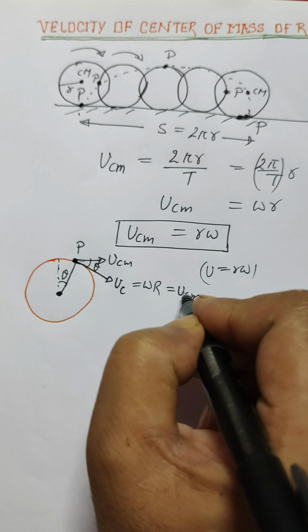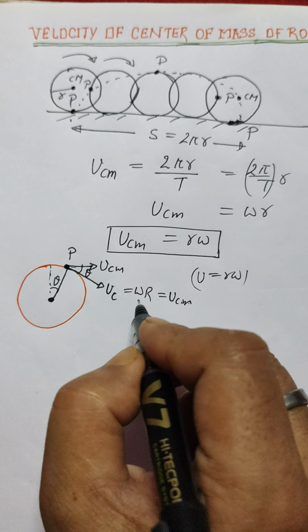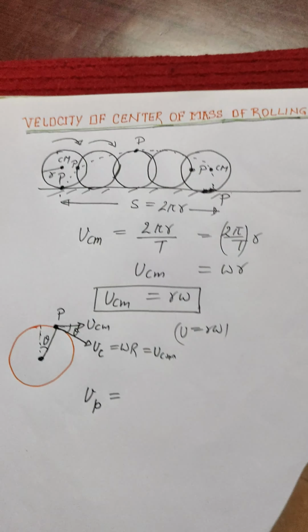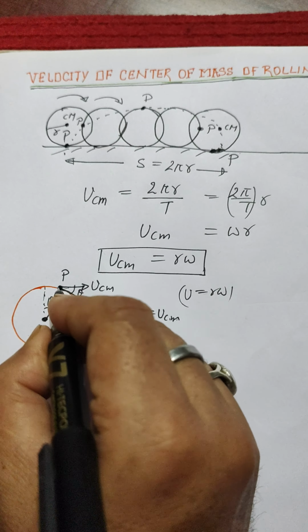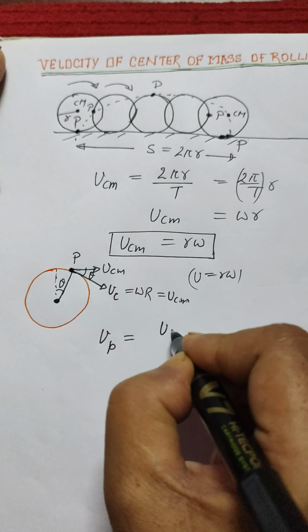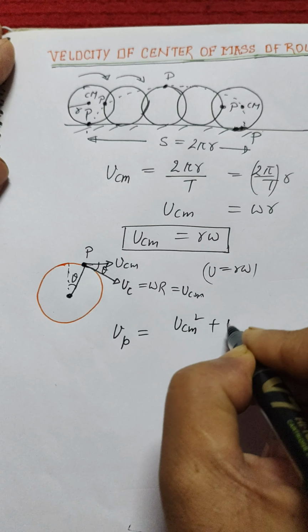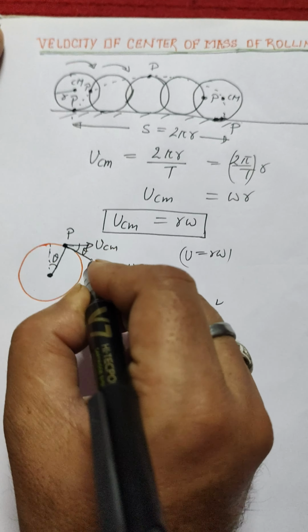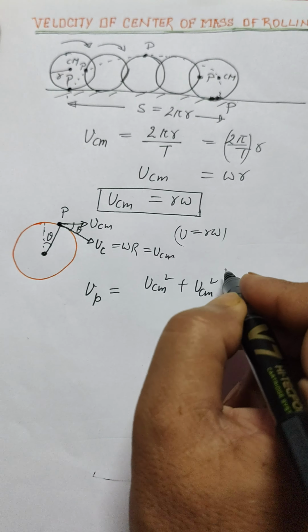Now see, how will you calculate the velocity at any point? The velocity of point P is given by the square root of VCM squared plus the other velocity squared, because this is equal to the velocity of the center of mass. So these are the two velocities, VCM and VCM.